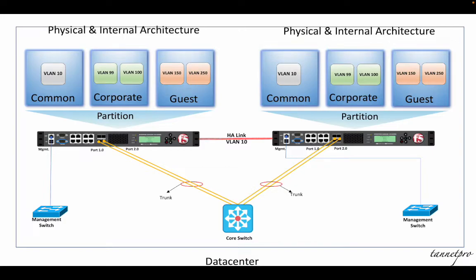You can relate it with the interface IP. VLAN 10 I have created in the common partition. VLANs 99 and 100 I have created in corporate. VLANs 150 and 250 I have created in the guest partition.